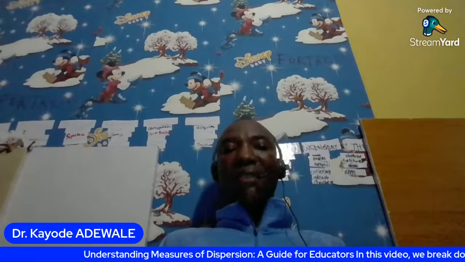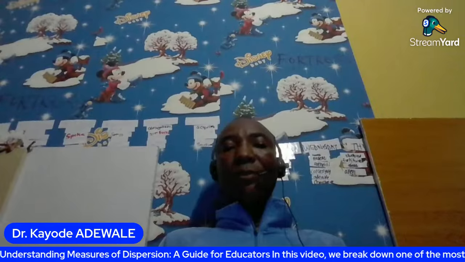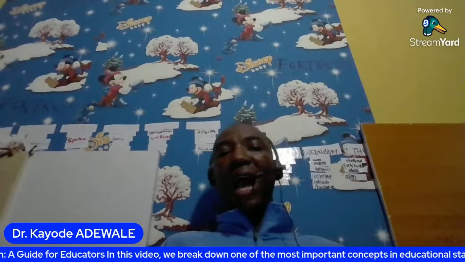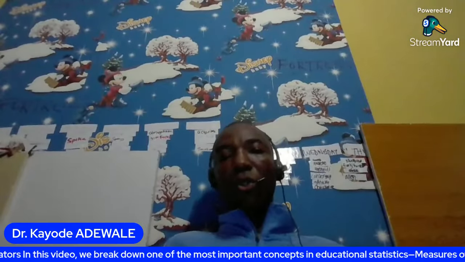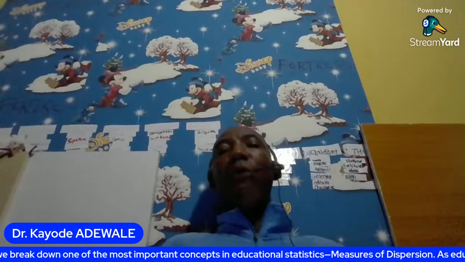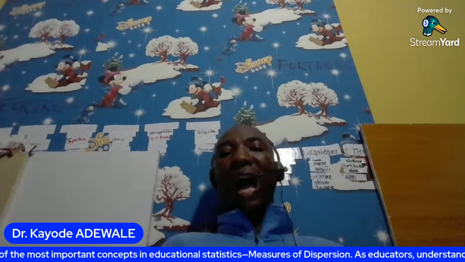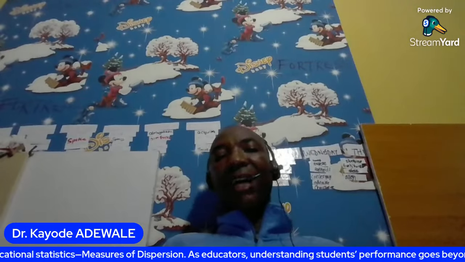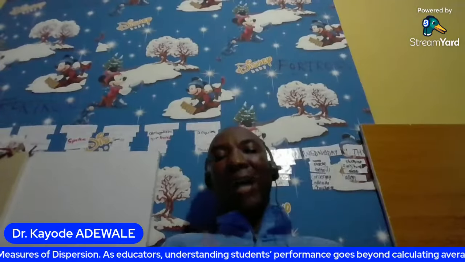So if I may ask, majority of us may be wondering, what is the meaning of measure of dispersion? The measures of dispersion are statistical tools used to describe how far the data values are from the center, such as the mean, the median, and the mode, and from one another.